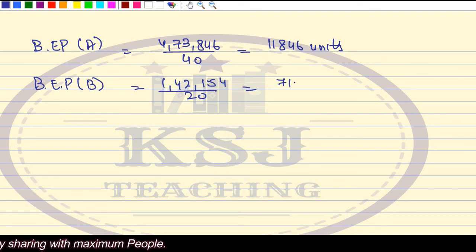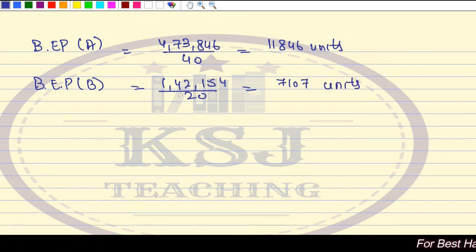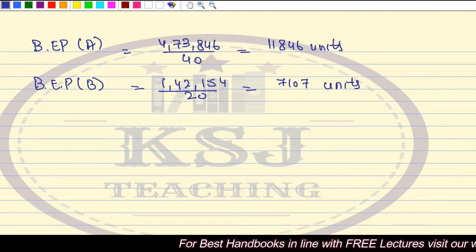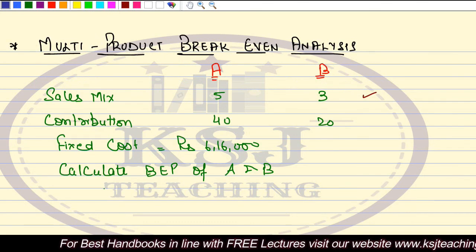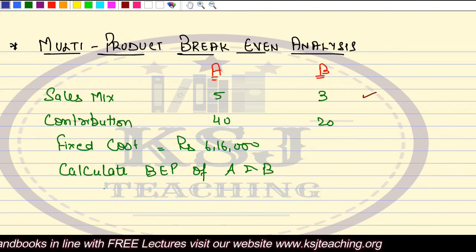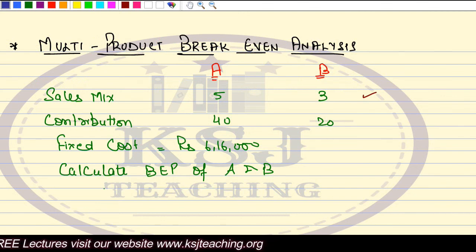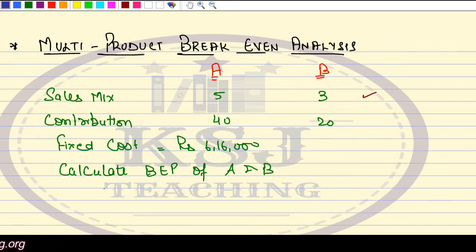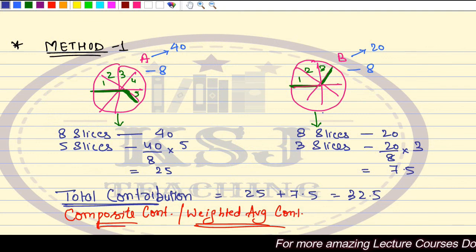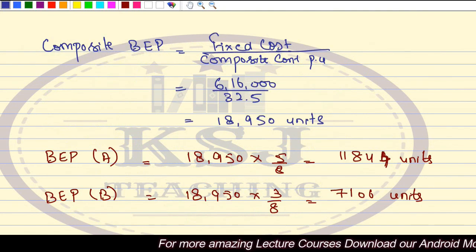That comes to 7,107 units. Right? So this is how the break-even is calculated for multiple products, the multi-product break-even. These are the two ways in which you can calculate. We have calculated the break-even for product A and also for product B.